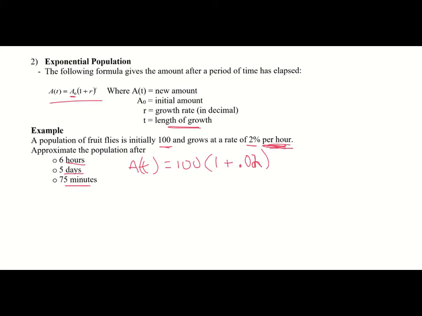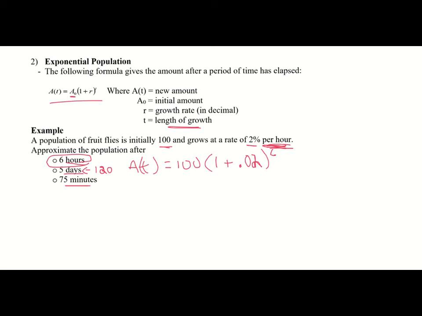So when we're doing our problems, this first one's not an issue. I'm going to put my 6 there and calculate. But for 5 days, I want that to not be in days, but I want it to be in the length of growth time. So it's going to have to be converted to hours. If I take 5 days times 24 hours in a day, we're going to use 120 hours here.